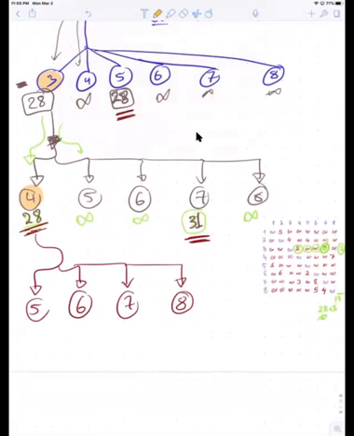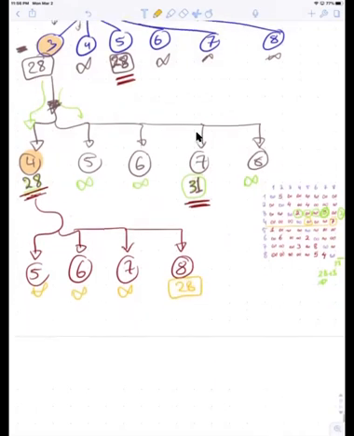So 4 to 5 is infinity. 4 to 6 is infinity as well. 4 to 7 infinity. And 4 to 8 is 7, which is the lowest among this whole row. So that means I will be keeping the 28 as it is.